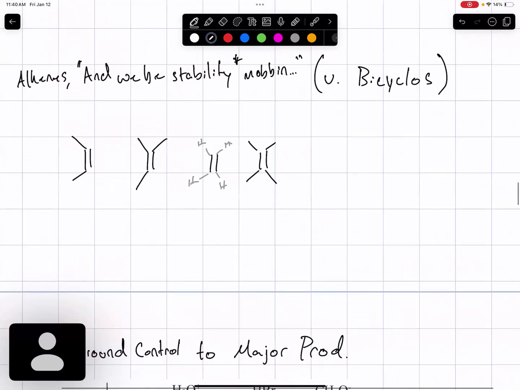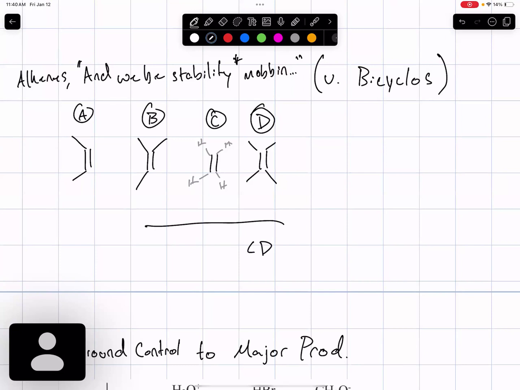Okay. So A, B, C, and D. Which one is most stable? D. Okay, D, right. So in increasing stability. Which one would be least stable?